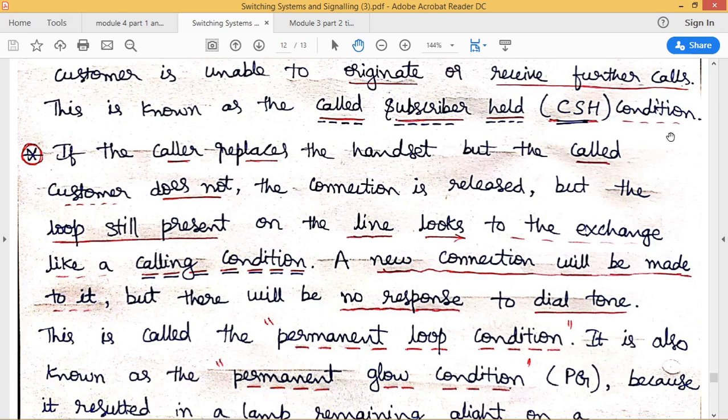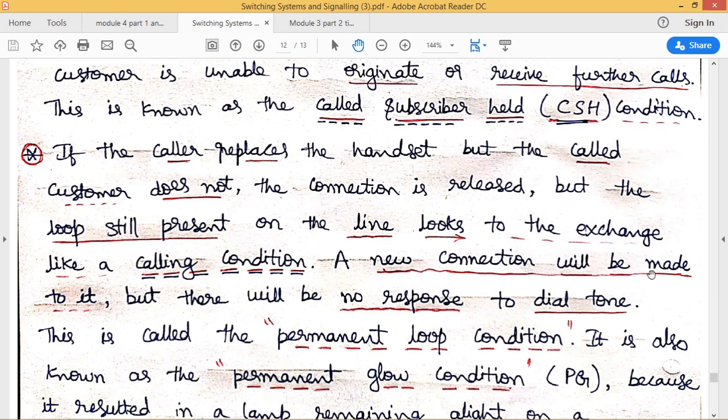From the exchange to the called person, the connection still remains. The loop still present on the line looks to the exchange like a calling condition. The exchange assumes this called person is still in conversation, because he has not gone on hook.